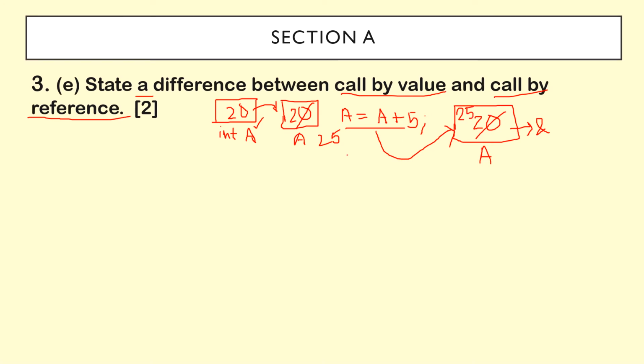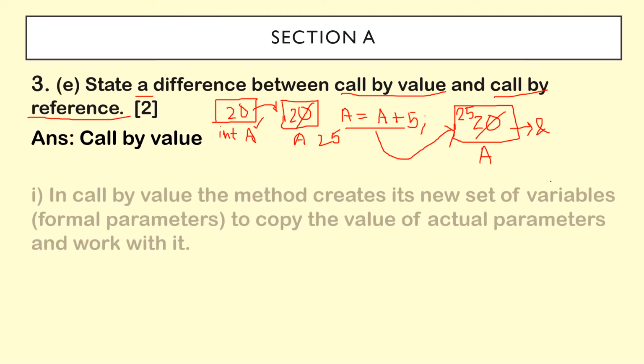Now any change in the program is going to lead to a change in the actual value of the variable. So that is the most important difference between call by value and call by reference. Let's go into the points and discuss one by one.